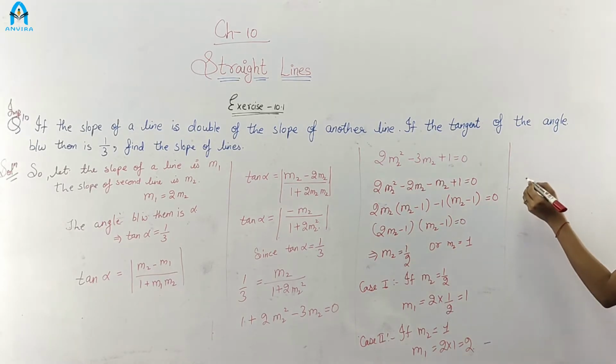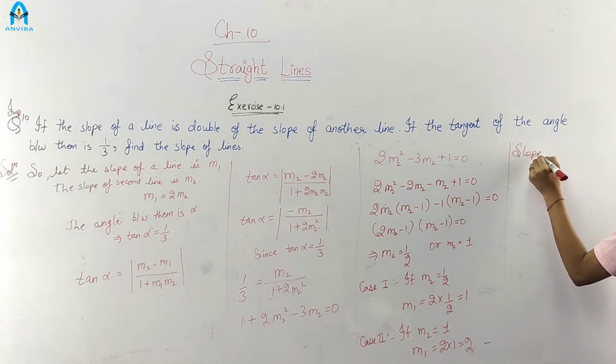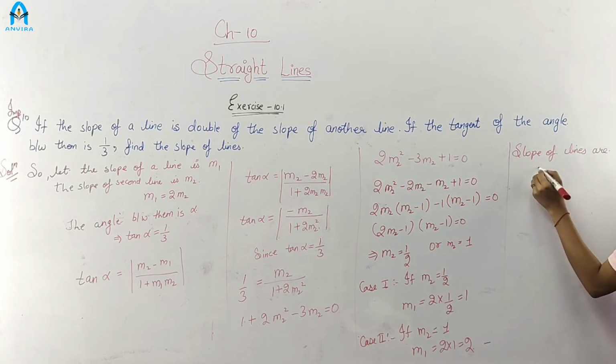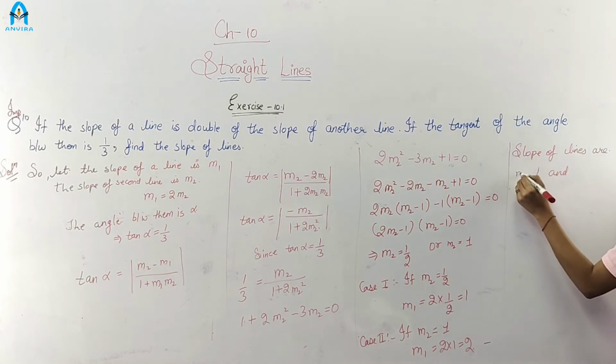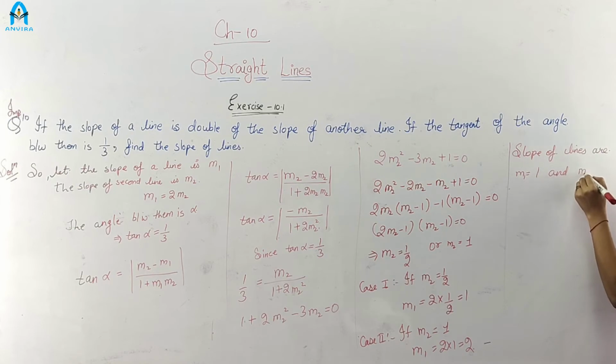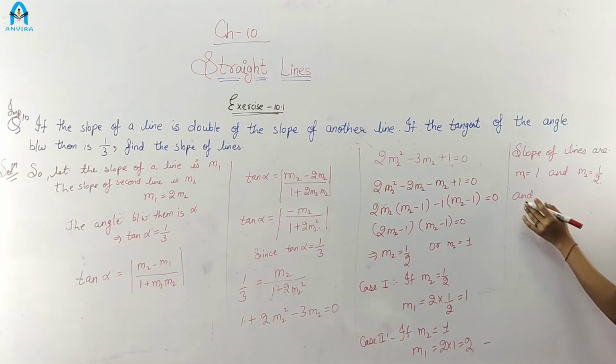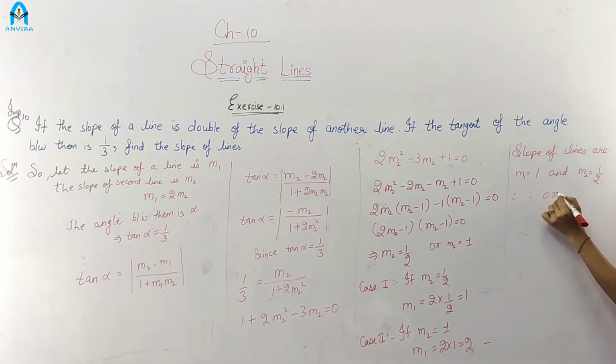So the slopes of the lines are m1 is equal to 1 and m2 is equal to half, or m1 is equal to 2 and m2 is equal to 1.